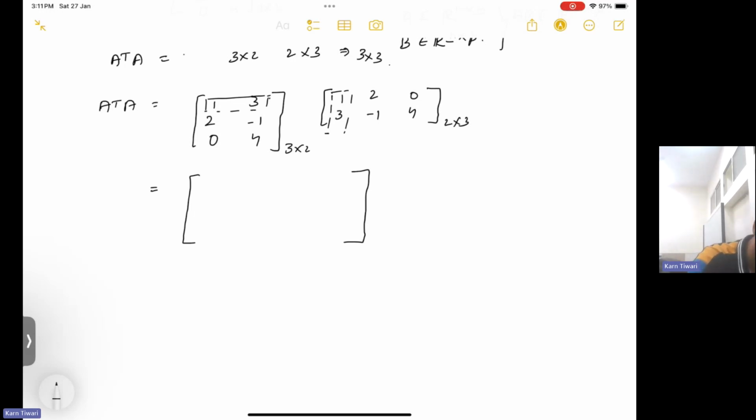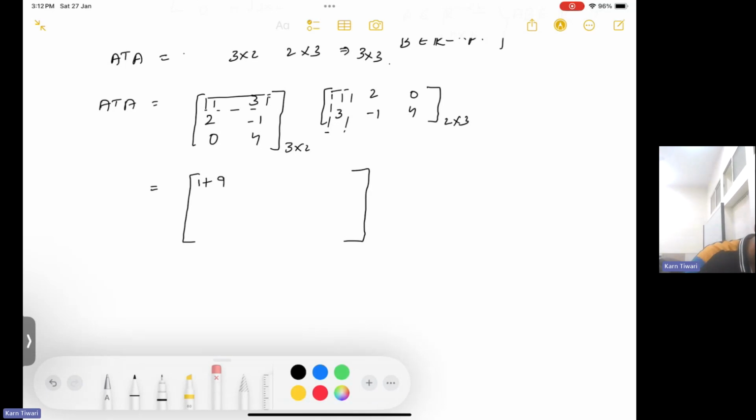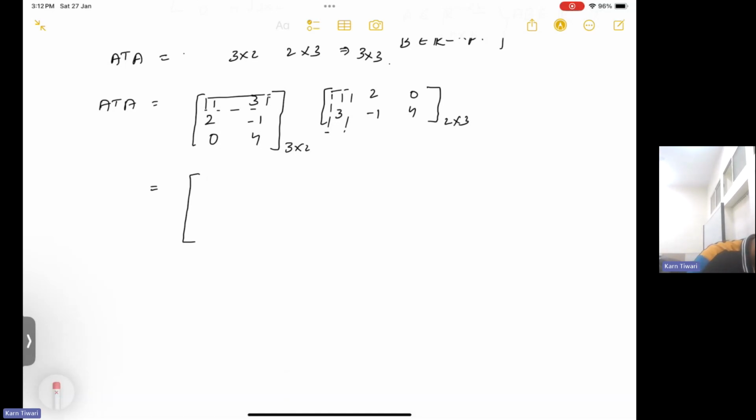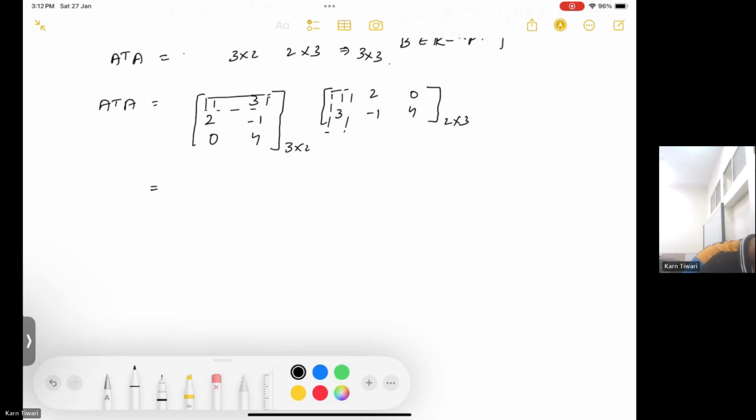In this case, 1 cross 1 is 1, plus 3 cross 3, that is 9. The second element, the same you need to follow. So let me write it in a bigger matrix way.